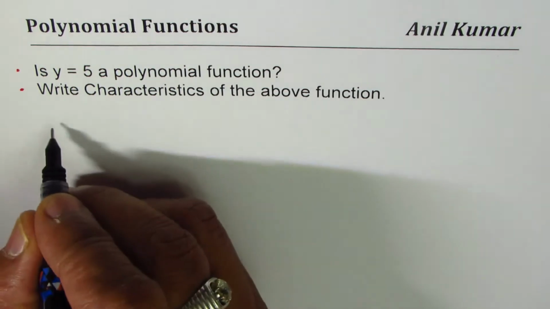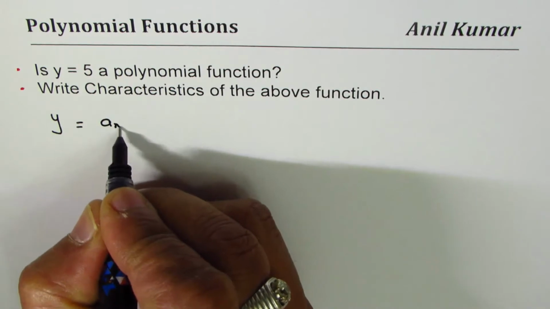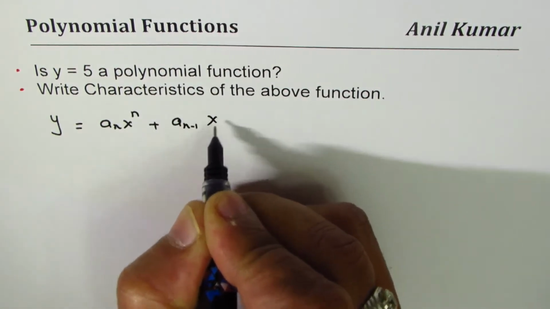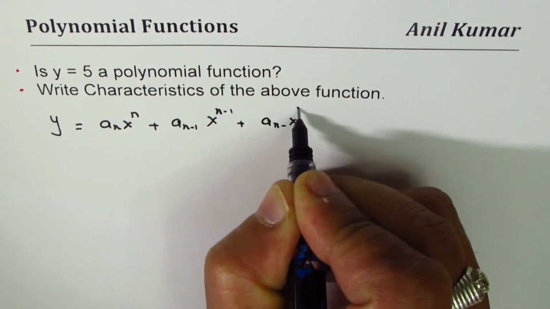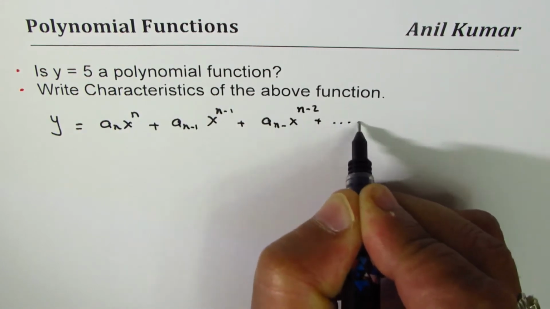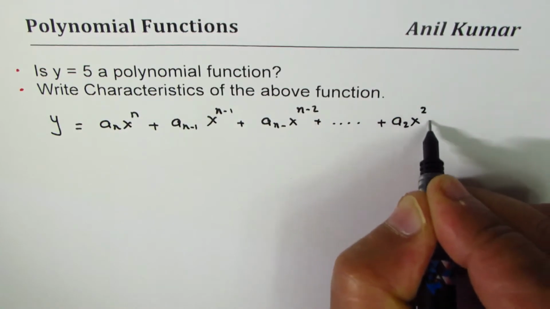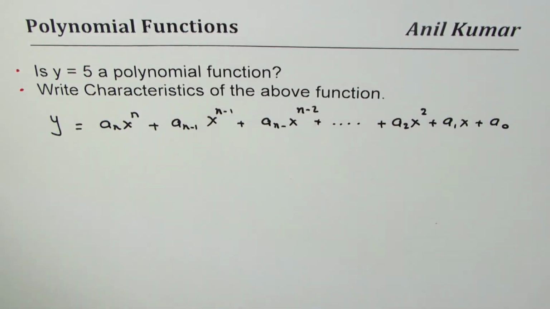A polynomial function could be written as y equals a_n x to the power of n plus a_(n-1) x to the power of n minus 1 plus a_(n-2) x to the power of n minus 2 plus so on, up to a_2 x squared plus a_1 x plus a_0. In general, that is how we could write any polynomial function.